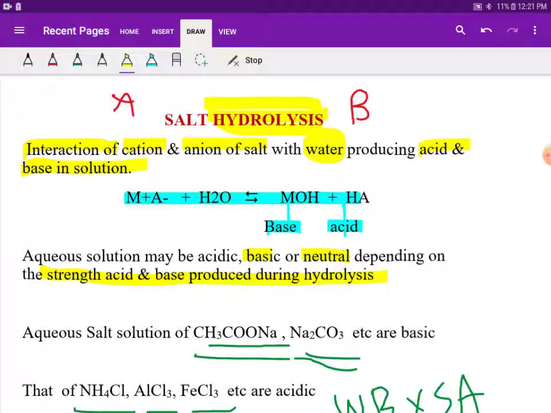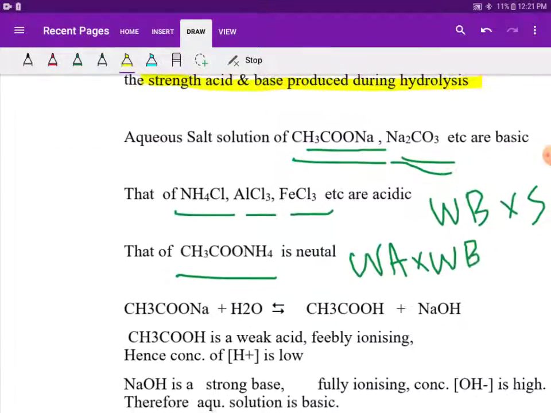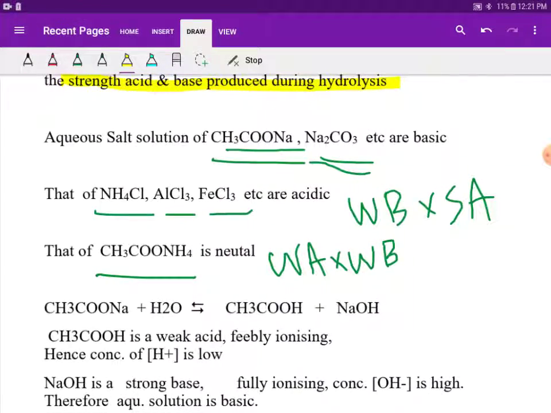The first category, the aqueous salt solution of a strong acid and a strong base, like NaCl, does not undergo hydrolysis at all with water.